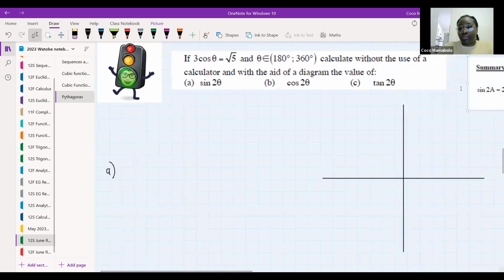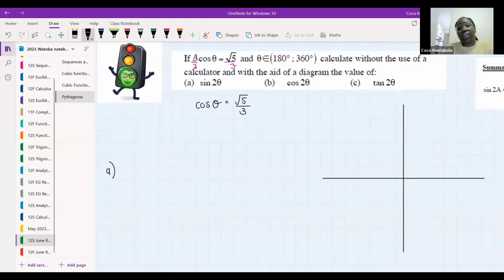Right. So now they tell us that they've given us 3 cos theta is equal to √5. So what I'm going to do is divide both sides by 3 so that the 3 disappears on that side. So I'm going to get that cos of theta is equal to √5 over 3.